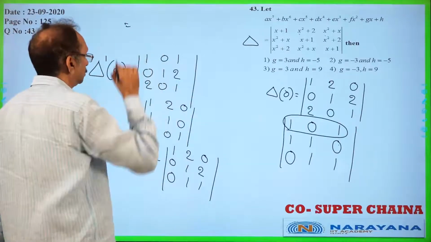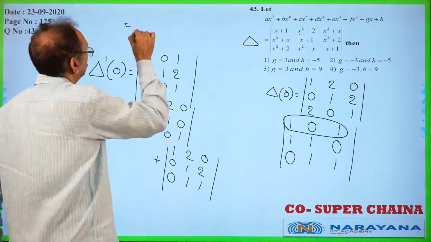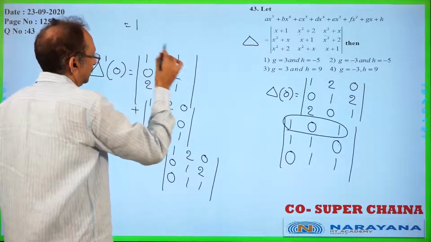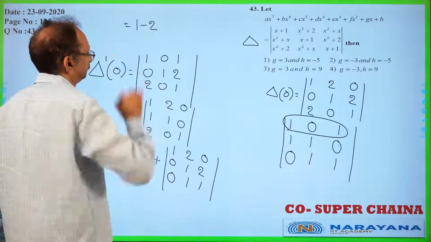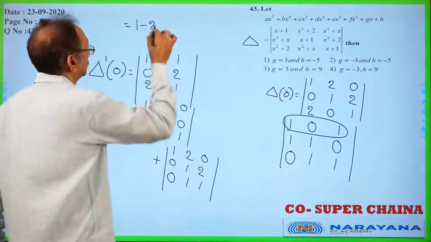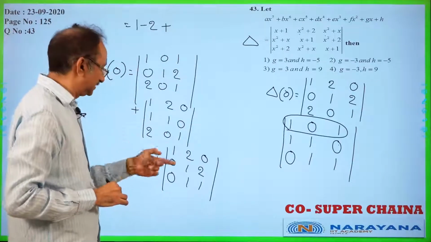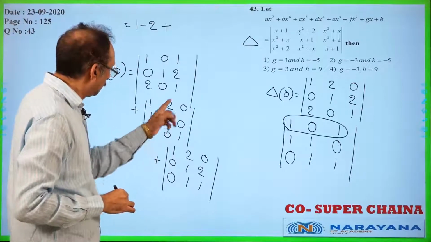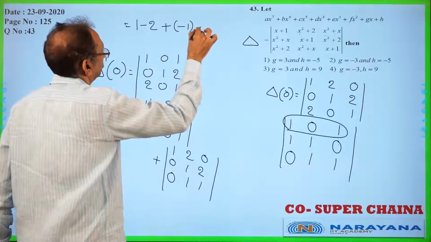So that is equal to, what is the first value? 1 minus 0, 1, 0 into cofactor, plus 1 into minus 2, that is minus 2. This is the value of the first determinant. Plus, expand along the third column, that is easy: 1 into 1 minus 2, that is minus 1.